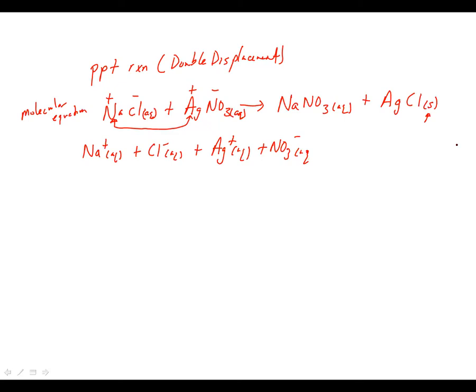So our silver nitrate, we get it to close that. There you go. Our sodium nitrate will break apart as well. And just like our liquid, when you have anything that's a solid, it will remain together. That is essentially our precipitate.